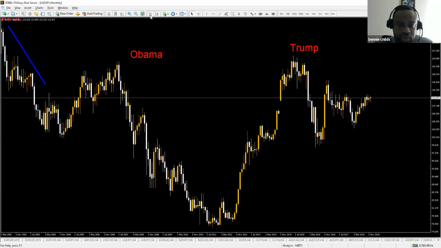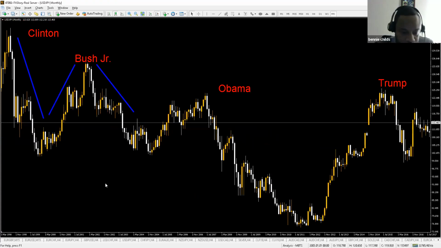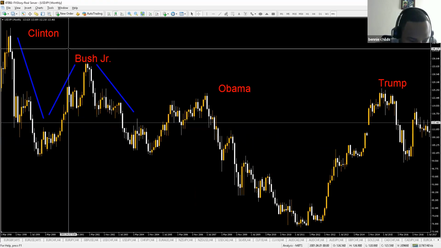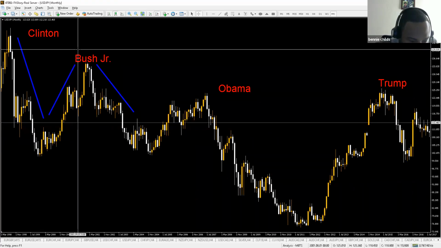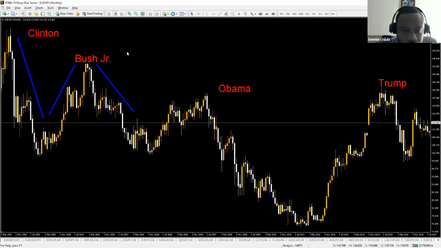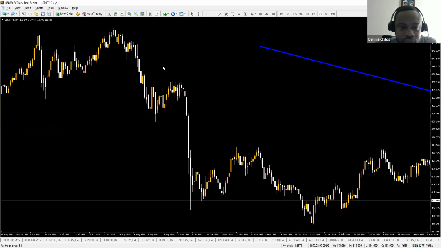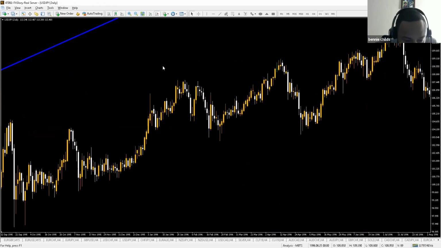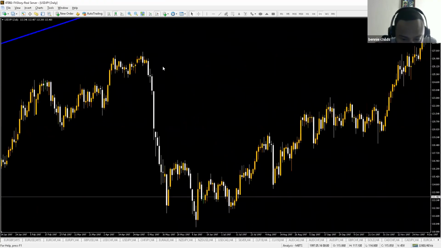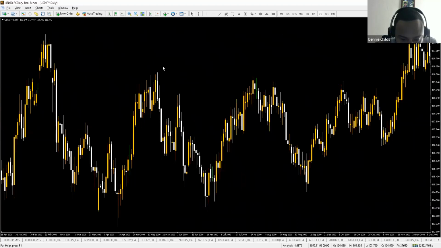Let's take a look at this real quick. Let's see what the market did for September 11th. I'm going to zoom in to the daily chart, and I'm going to let you take a look at September 11th.